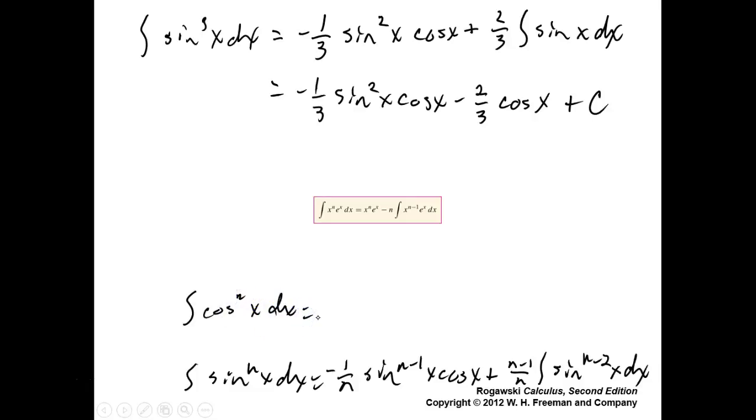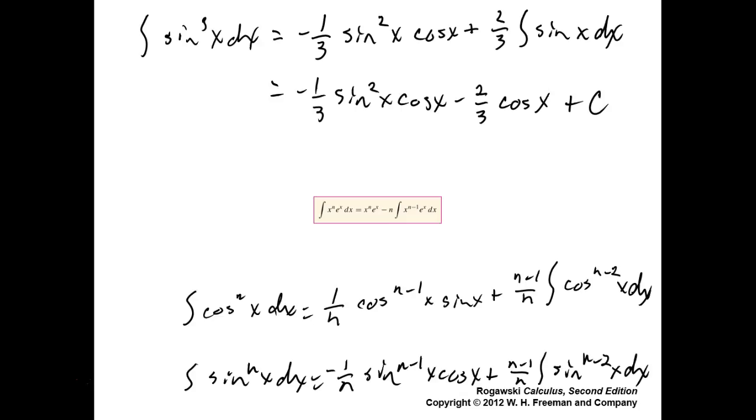And you'll find that it turns out being not minus 1/n, just 1/n, cosine n minus 1 x sine x, plus n minus 1 over n times the integral of cosine n minus 2 x dx. Yuck! Okay.